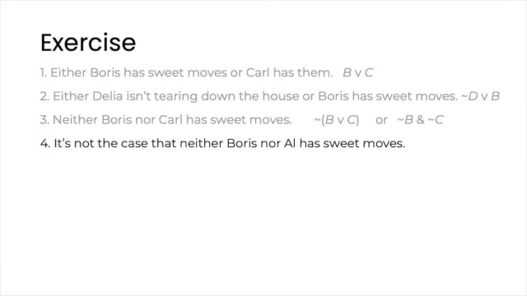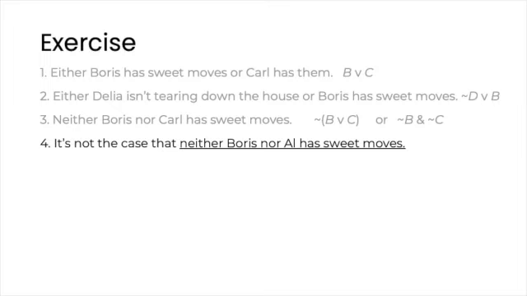Example 4 is a negation, and its main operator in English is it's not the case, which is a negation. So what's being denied? What is being denied is the sentence, neither Boris nor Al has sweet moves, which itself has a negative component.